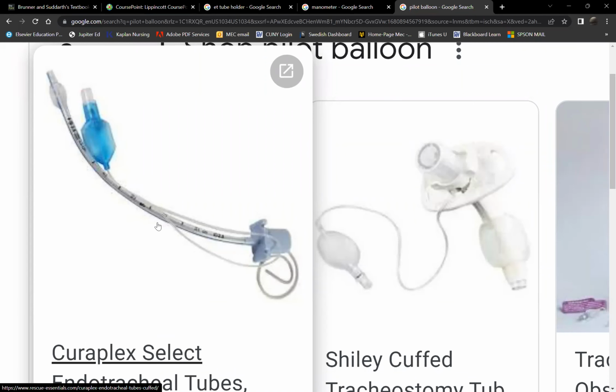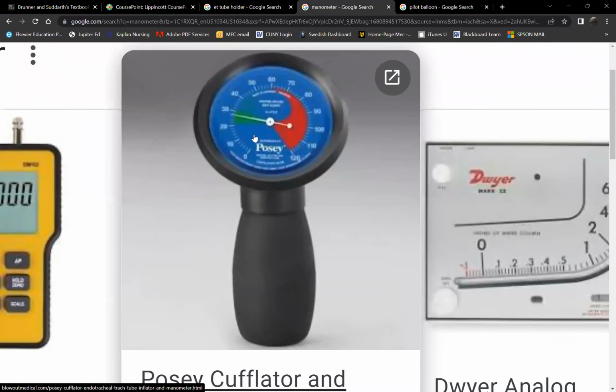This is the ET tube, this is the cuff, and this part is outside, hanging out of the patient's neck. You connect this to the manometer, and there's a trigger behind it that you press, and it will read the pressure.